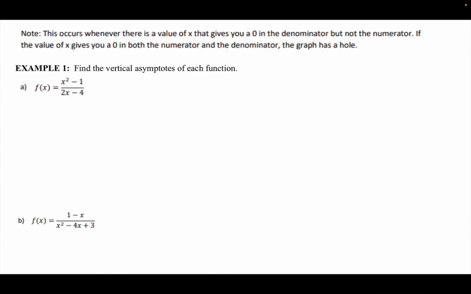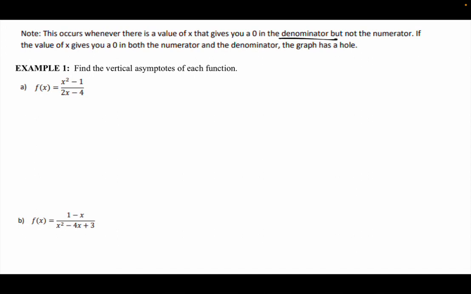Okay, so here we go. All right, so let's look at 1A. Where on 1A is the only place where it could be undefined? Where is the only place we're worried about? That 2. Why 2? Because the bottom would be 2 times 2 minus 4. There you go. You just said it. The bottom, right? All we care about with vertical asymptotes is where the bottom equals 0.